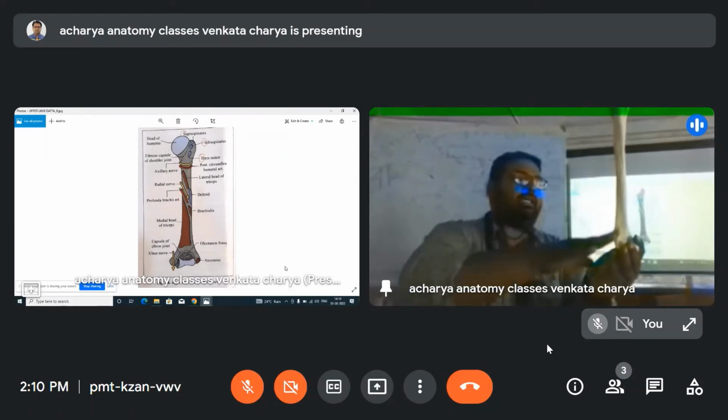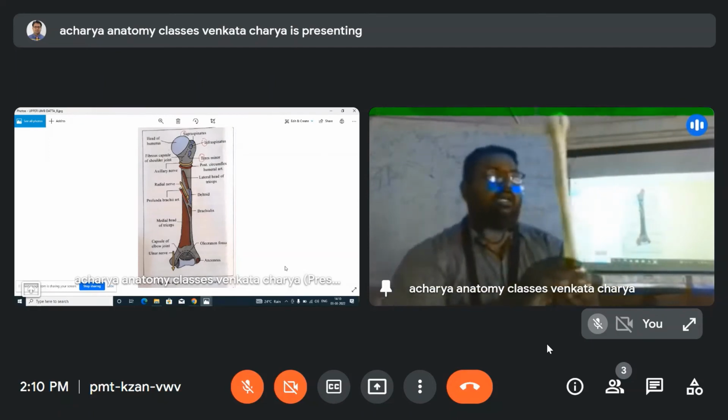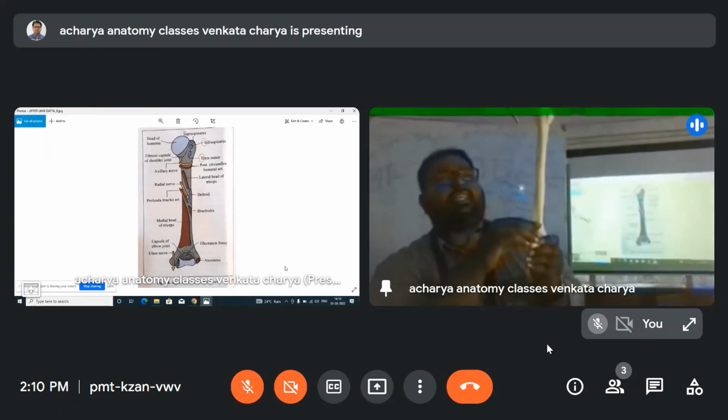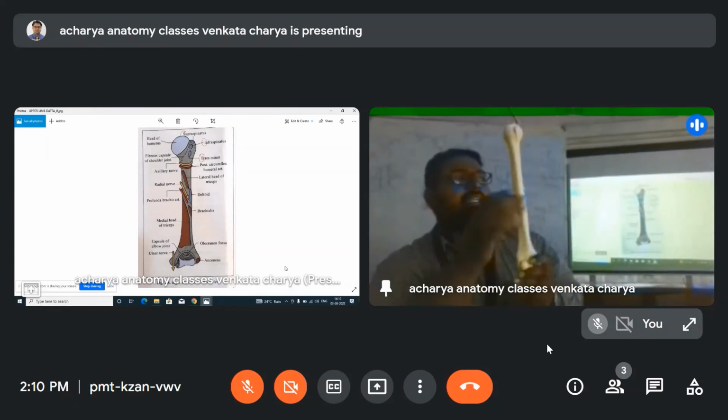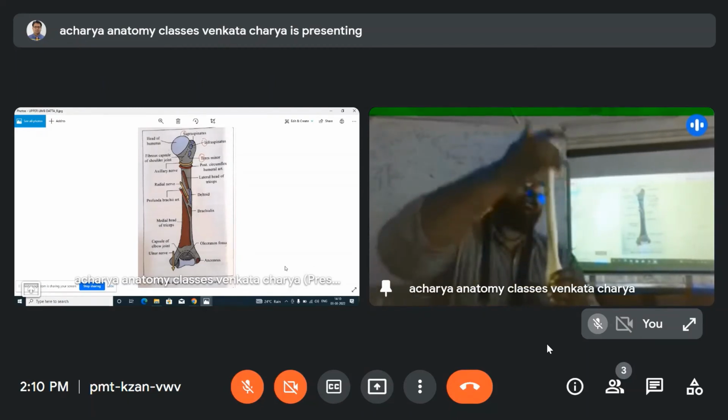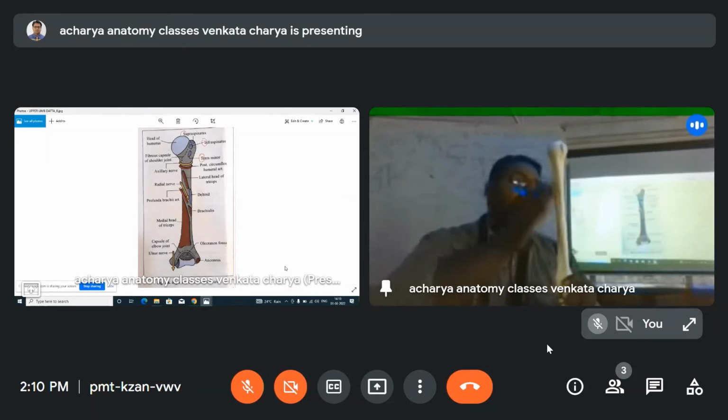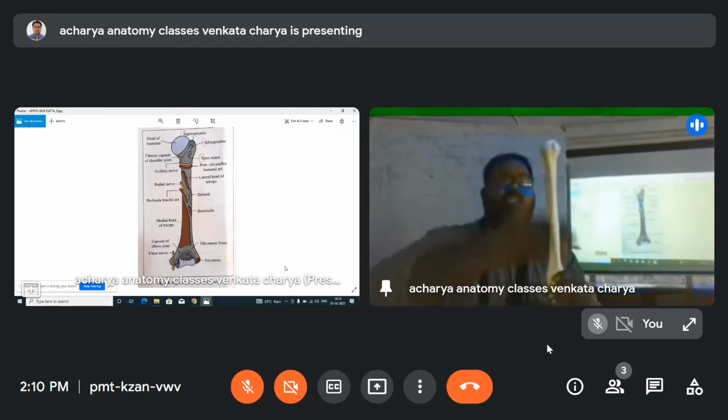Towards the left side there is the lateral border. So it consists of three borders and three surfaces. The surfaces are the anteromedial surface, anterolateral surface, and posterior surface.